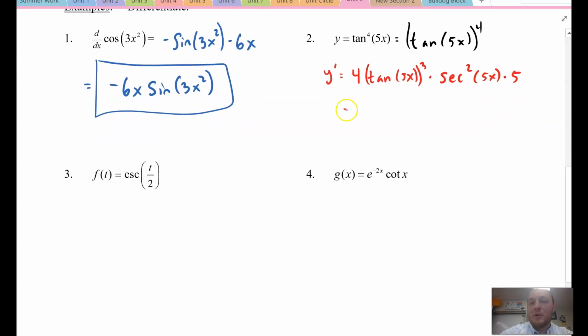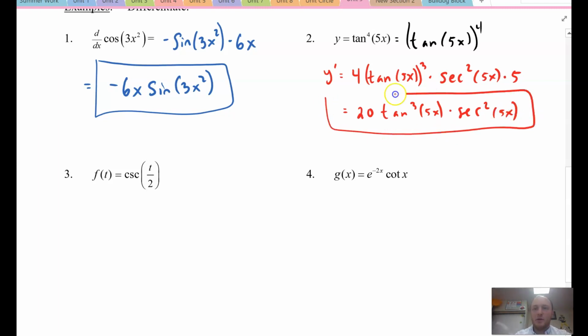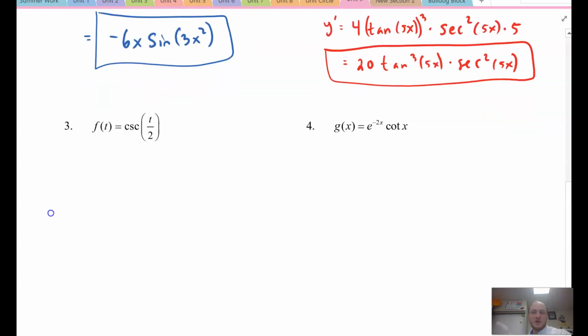Okay, and there is y prime, which if I clean this up, we have 20 times tan cubed 5x times secant squared of 5x. Okay, and there's your y prime. So lots and lots of chain rule.